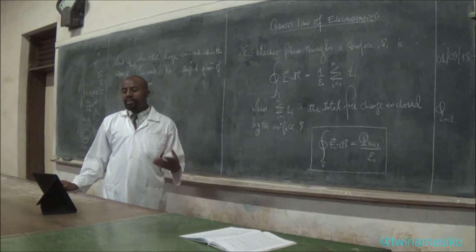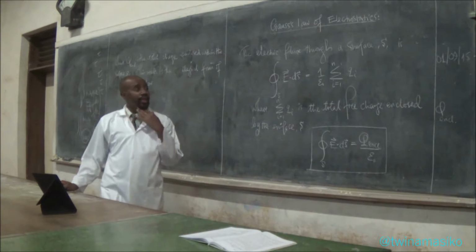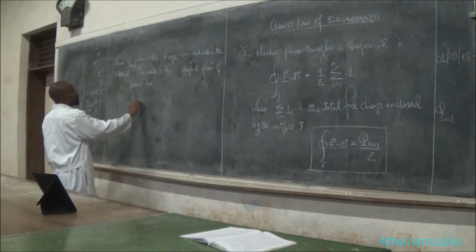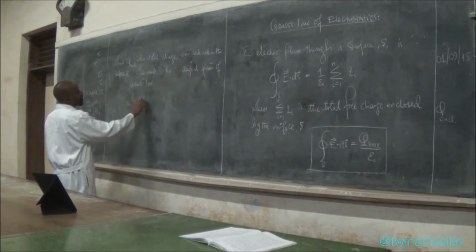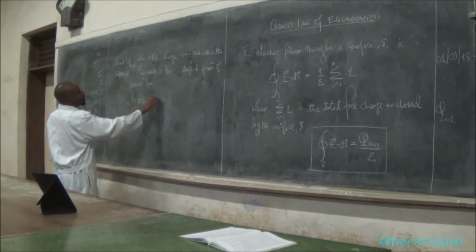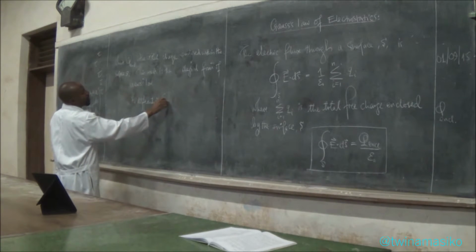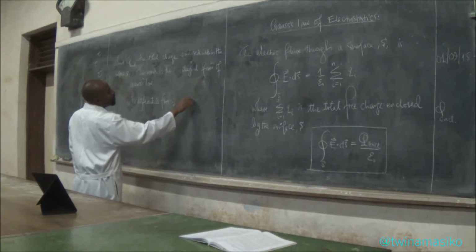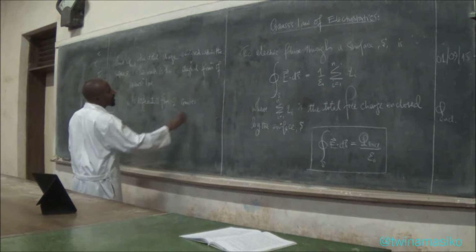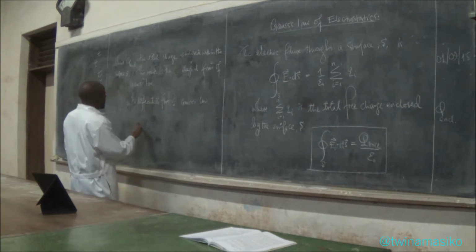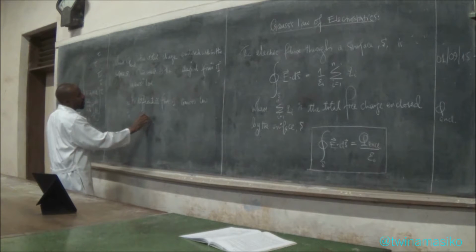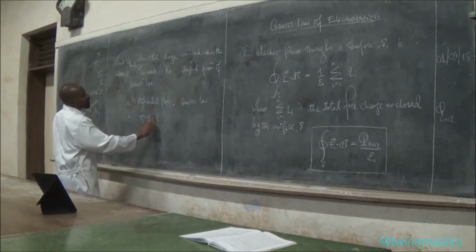Now, the differential form of Gauss's law from electricity and magnetism is: divergence of D is equal to rho.